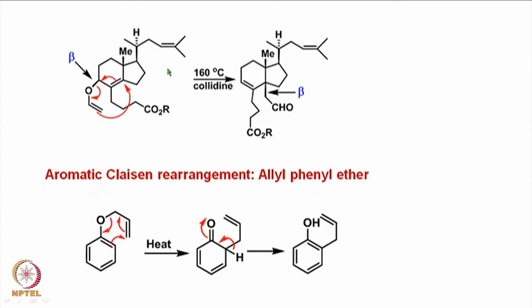For example, if we start with an allyl-vinyl ether of this kind in which this carbon-oxygen bond is beta oriented, and heat the reaction mixture at 160 degrees in collidine, then what we get is this particular type of product in which, as we can see, the newly formed carbon-carbon bond is also beta oriented because this carbon-oxygen bond was beta oriented. Now it means that the chirality here has been transferred to the corresponding C-C bond here.